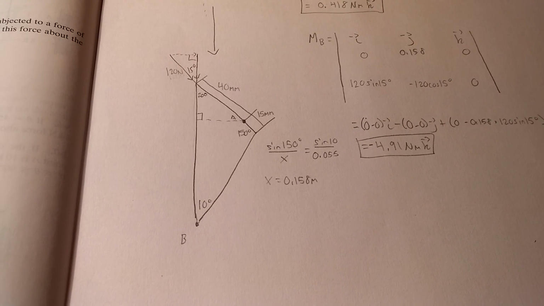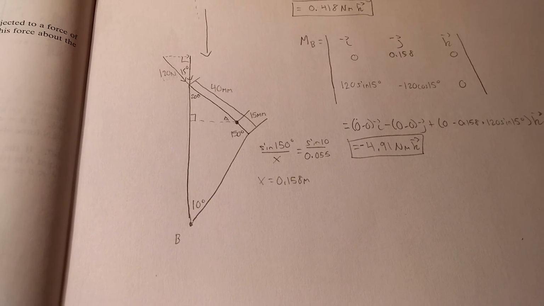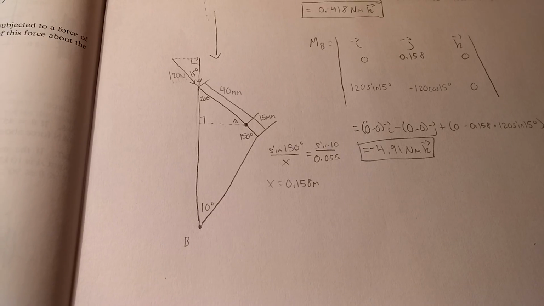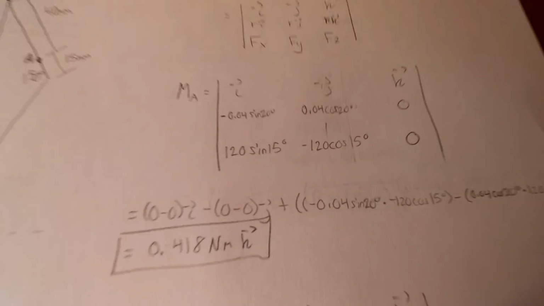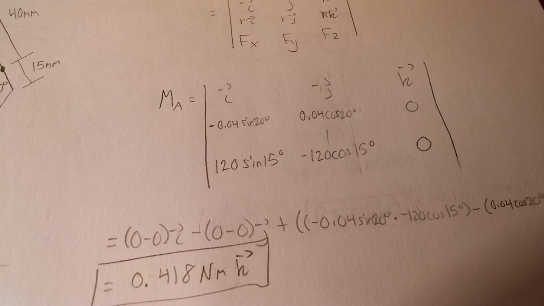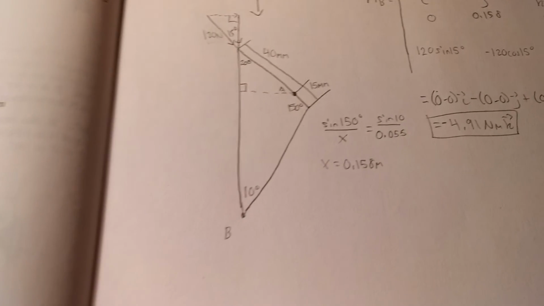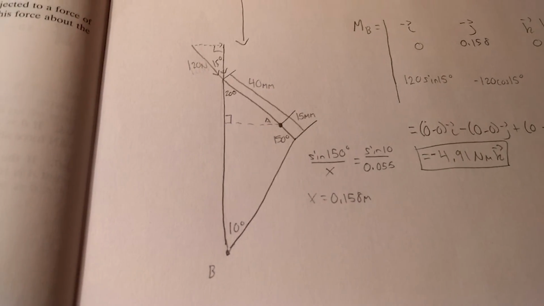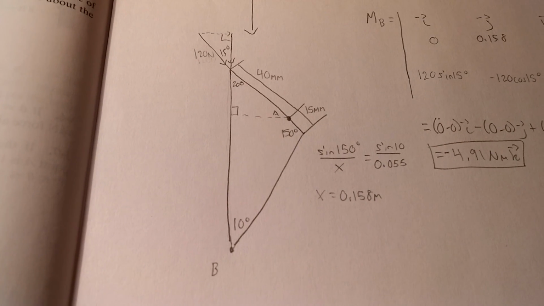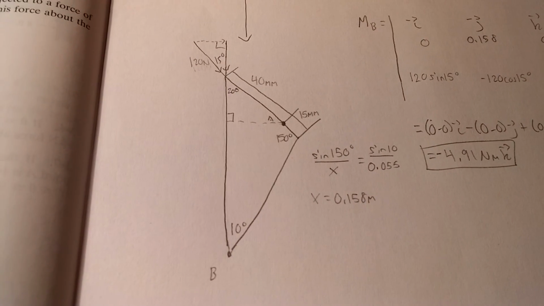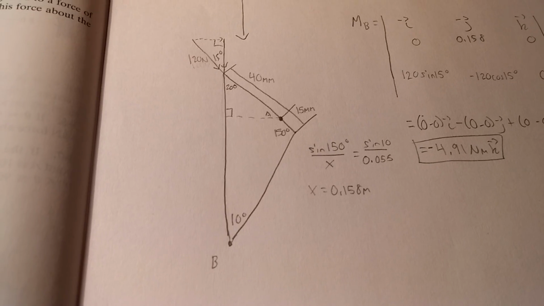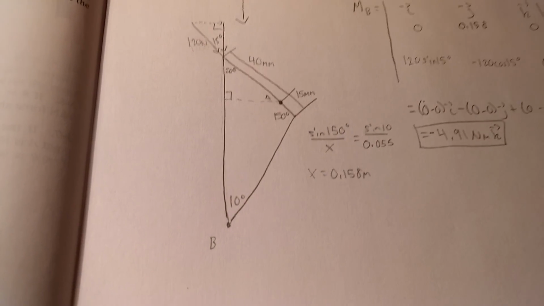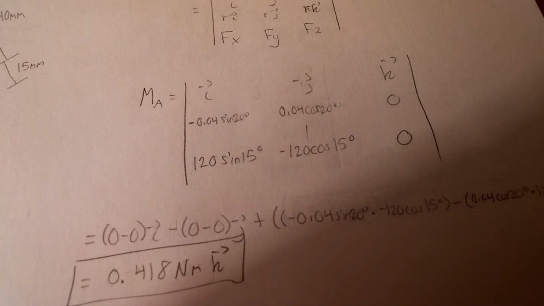So the x component is negative 0.04 times the sine of 20. I have that up here. Then back to the picture: the force is above A, so the y component of that position vector is positive, 0.04 times the cosine of 20.